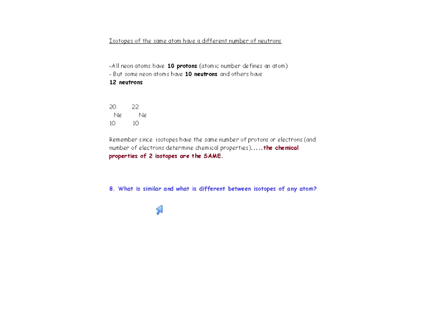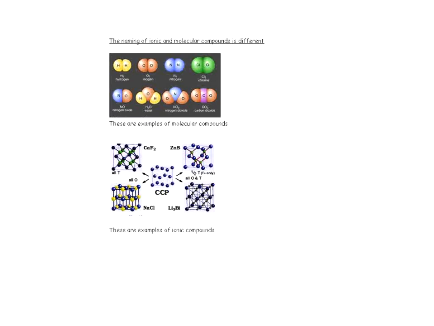So if you were to answer question 8 here, what is similar and what is different between two isotopes of any atom? Okay, the mass is going to be different, right? Because they have a different number of neutrons. Okay, protons and electrons are similar, neutrons are different. Good stuff.